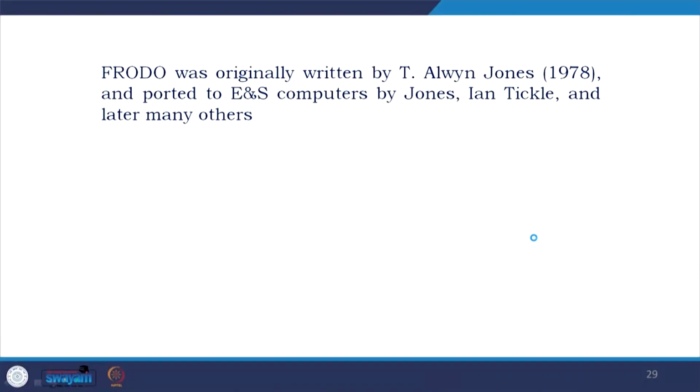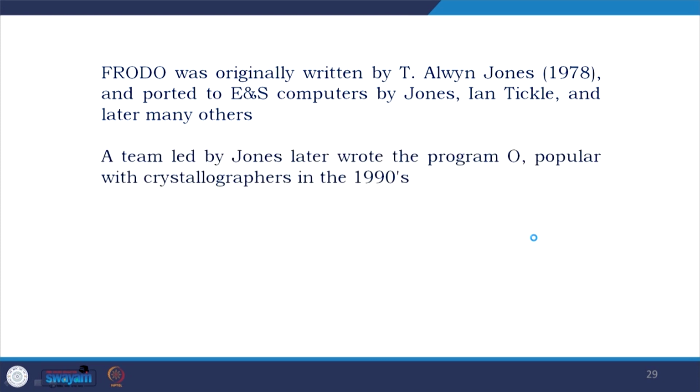So, Frodo has now evolved as Turbo Frodo. Frodo was originally written by T. Alwyn Jones in 1978 and ported to E&S computers by Jones, Ian Tickle and later by many others. A team led by Jones later wrote the program O, popular with crystallographers in the 1990s.